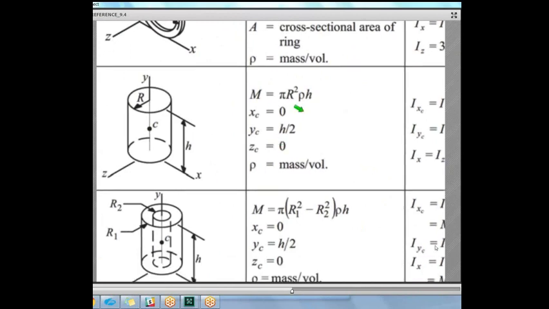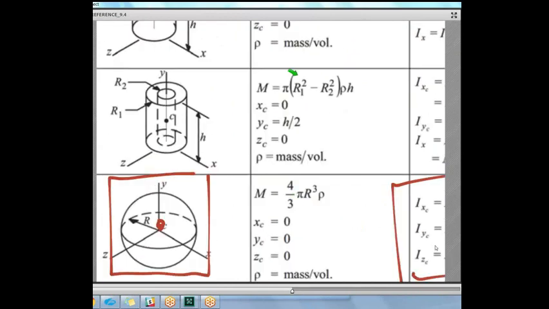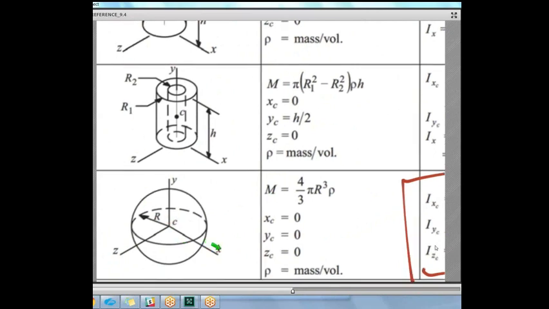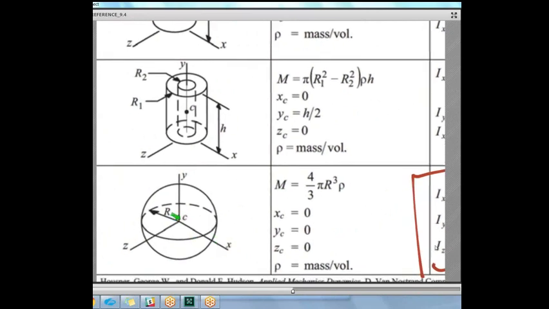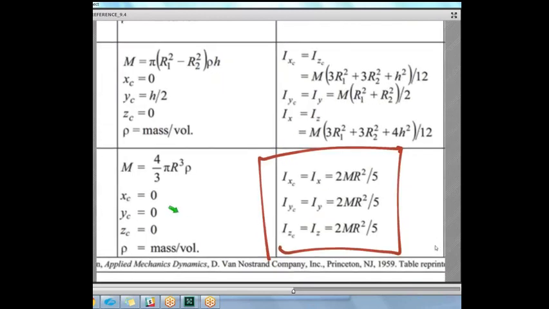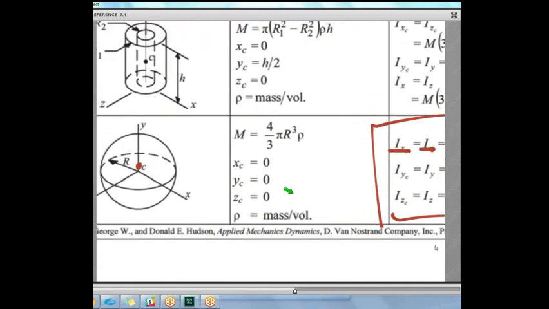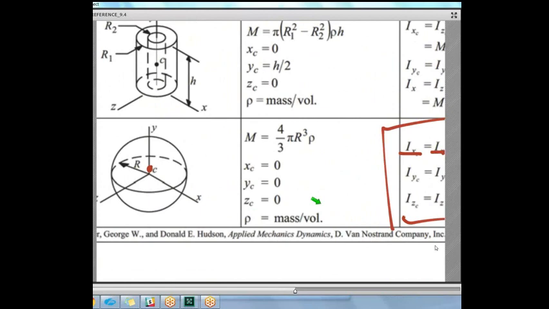Let's zoom in here, and we'll point out that they've defined a coordinate system, x, y, and z, all based at the center of that sphere. And then they tell us that the mass moment of inertia for rotating about our x-axis, which does go through the centroid, so it is our x-centroidal axis, is 2mR squared divided by 5. This capital R is the radius of the sphere. You can see it labeled there.